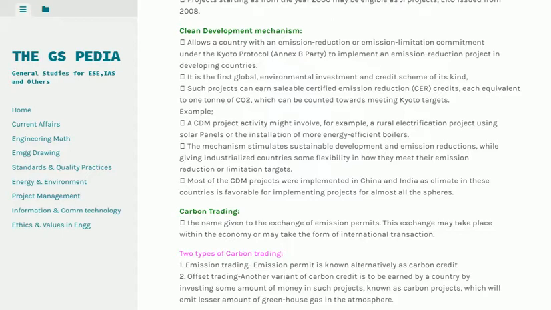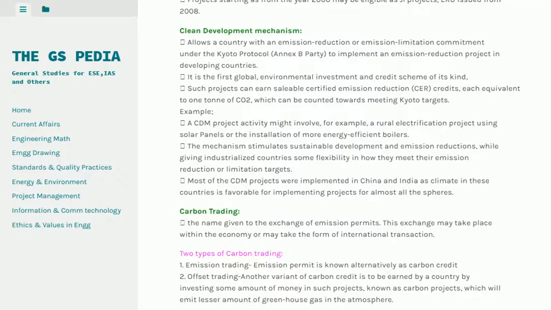The mechanism stimulates sustainable development and emission reductions, while giving industrialized countries some flexibility in how they meet their emission reduction or limitation targets. Most of the CDM projects were implemented in China and India as climate in these countries is favorable for implementing projects for almost all spheres.